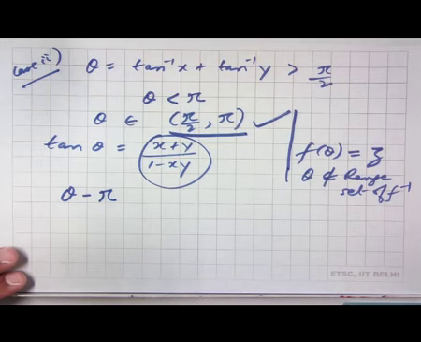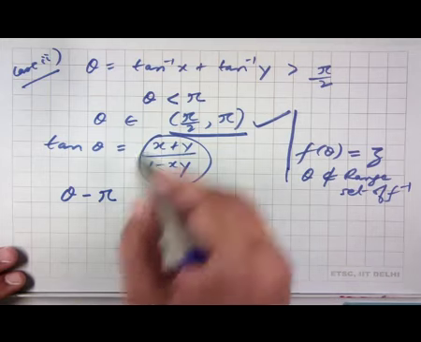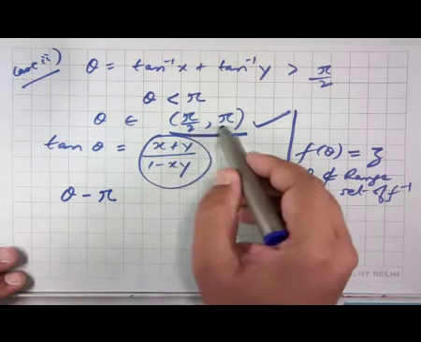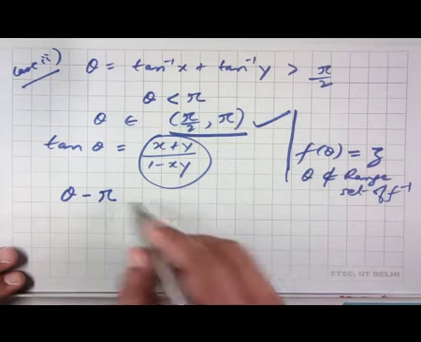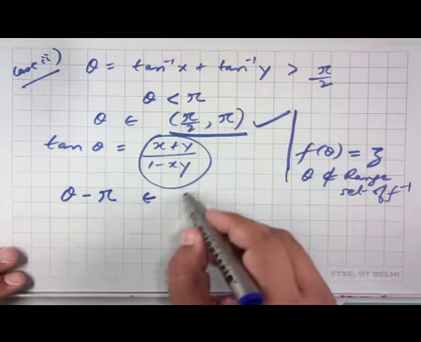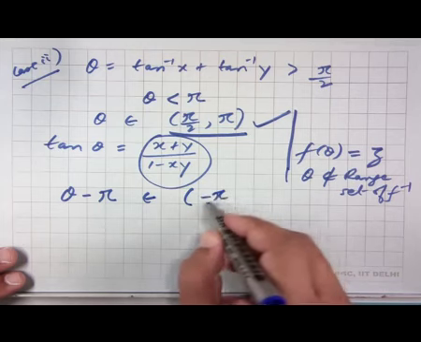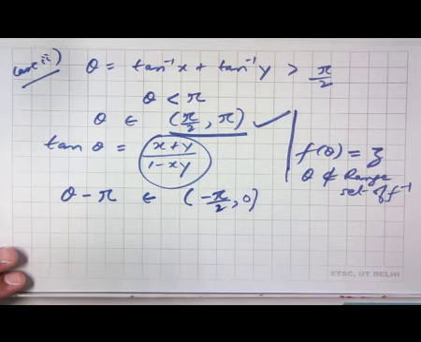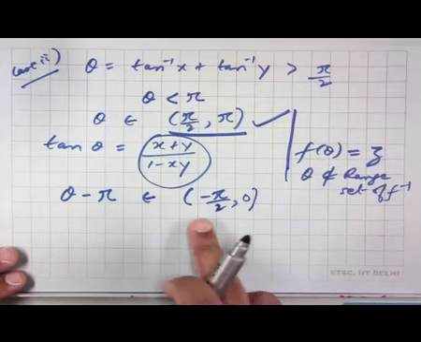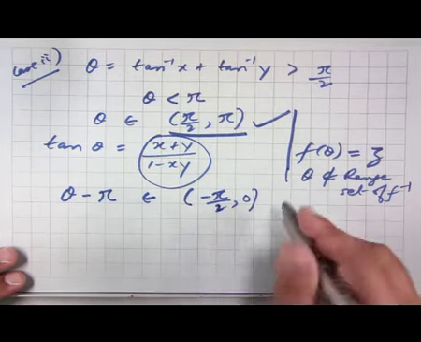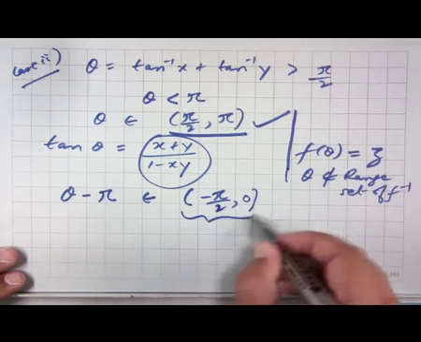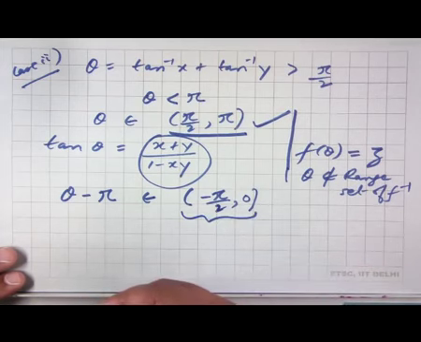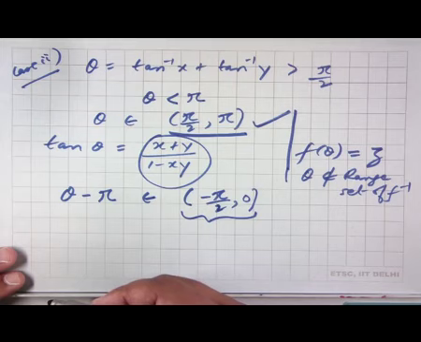If we subtract pi from it, then because theta belongs to pi by 2 to pi, theta minus pi will belong to the interval minus pi by 2 to 0. And minus pi by 2 to 0 obviously is a subset of the range set of tan inverse.